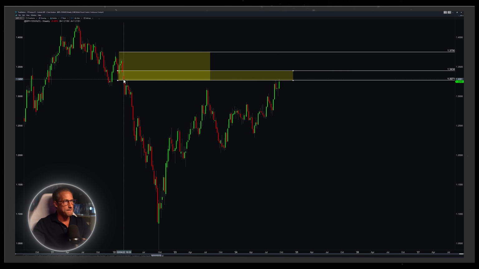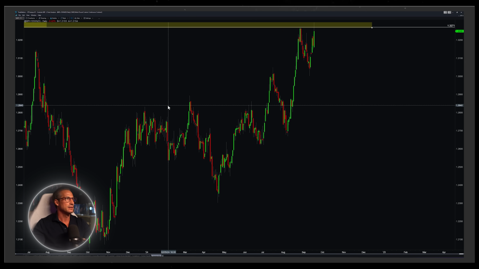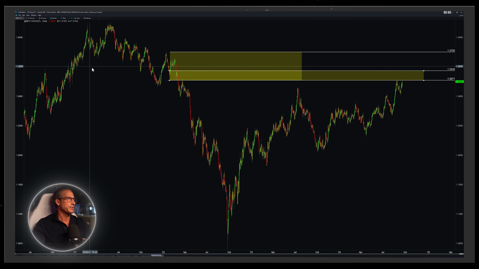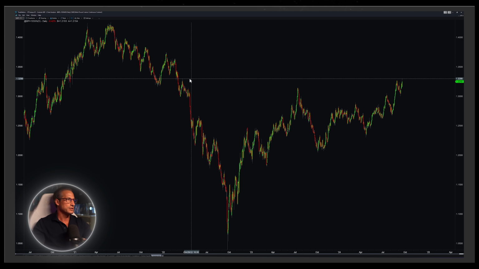So you have that monthly supply zone, you have that weekly supply zone. If I go down now to the daily, surprise, surprise, look at this here. Now I just remove all the zones, the monthly zone and the weekly wick over wick, just to visualize it better for you. Otherwise it gets really confusing.